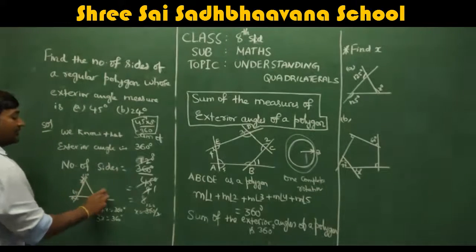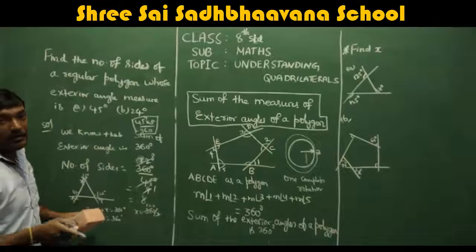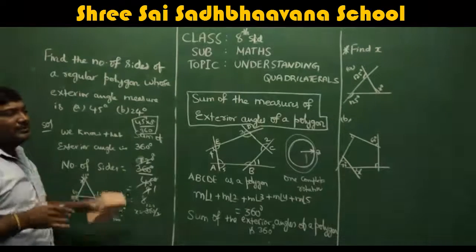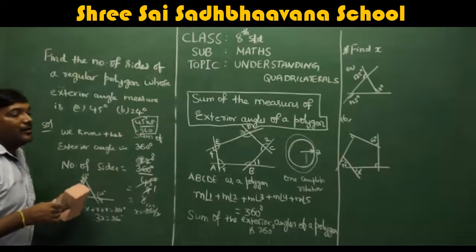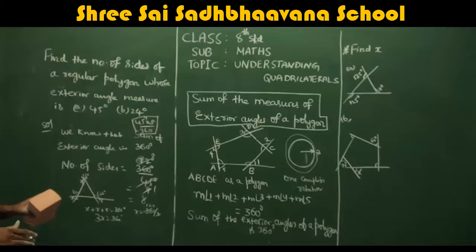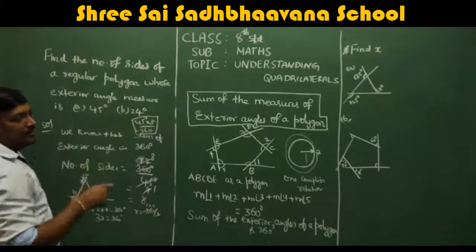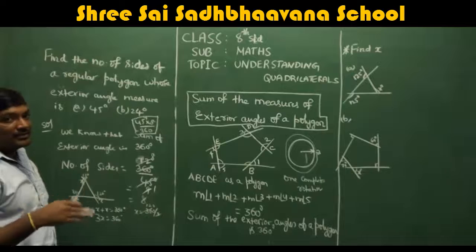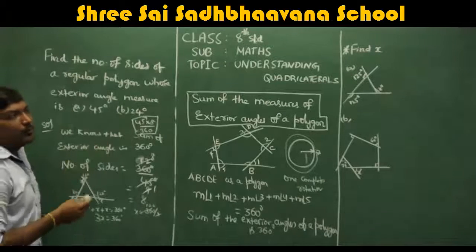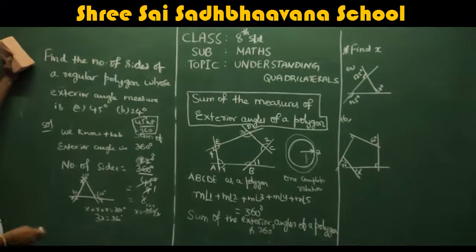This happens only with regular polygons. Remember, in a regular polygon, the concept remains: the sum of the exterior angles is 360 only, but each one is the same. Not like this. Here we have different angles. In those cases we found different exterior angles. Exterior angles are not the same. One is 125, another one is 60, another one is 70, another one is 110.